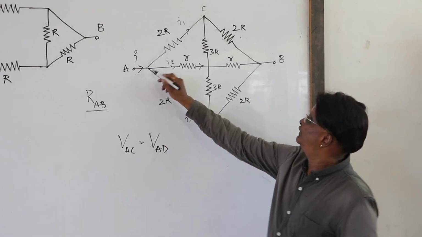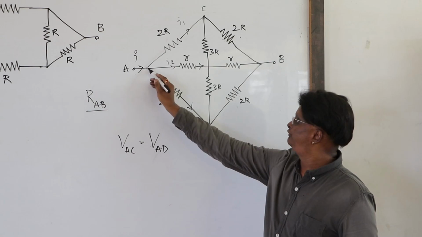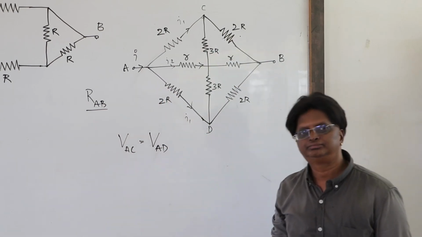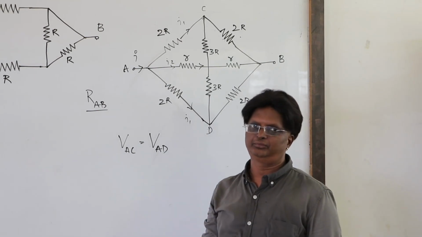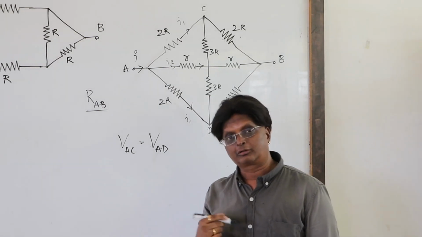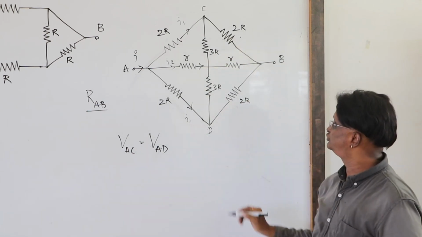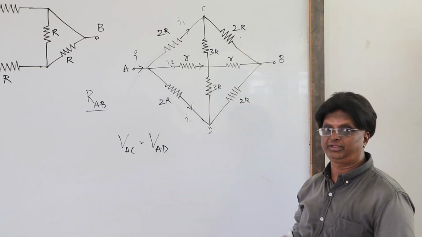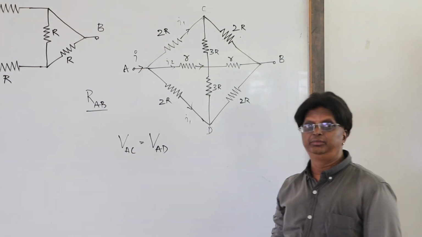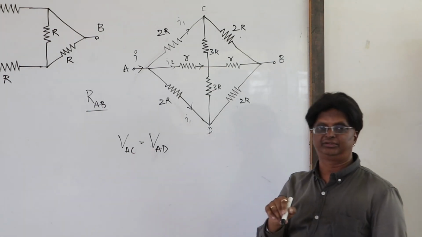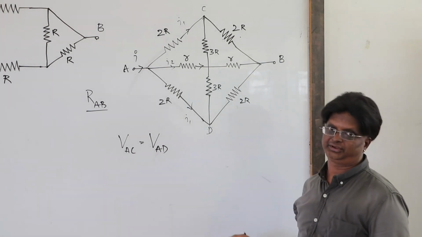Now see, VAC is equal to VAD. That is, C and D points become points at same potential, which we are calling common potential points. C and D now happen to be common potential points. Therefore, no PD means no current in that branch. Therefore, all those resistors in that branch become ineffective.